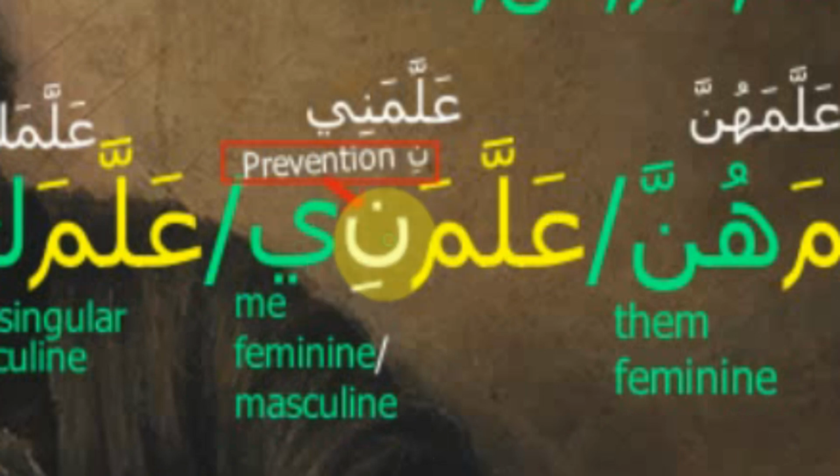It's used after the verb to prevent it from taking the short vowel i, which makes pronouncing the pronoun i easier. So to prevent doing that to the end of the verb, they add this n. They call it the prevention n, and it's used with this i vowel, me. علمني, he taught me.